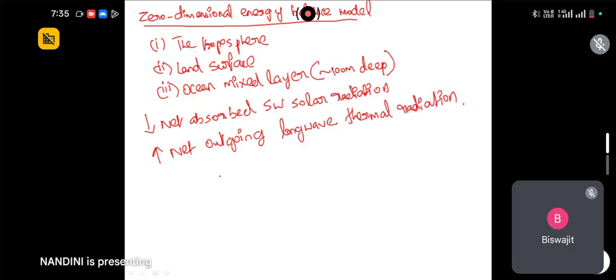So C dT by dt is given by F incoming minus F outgoing.